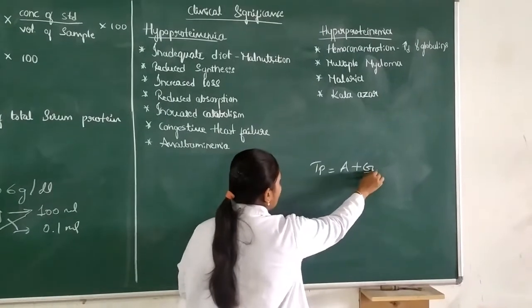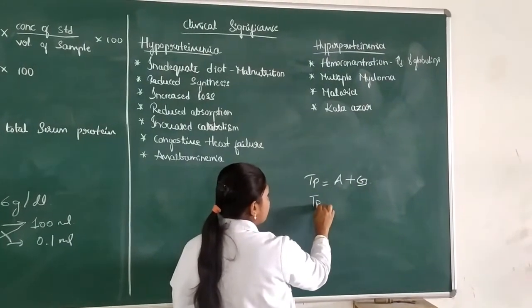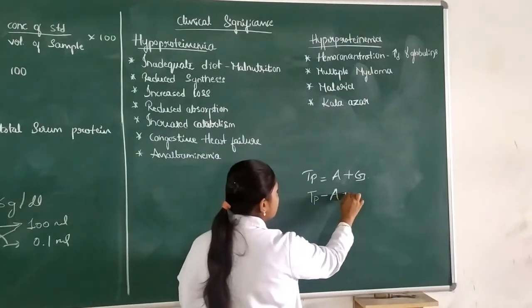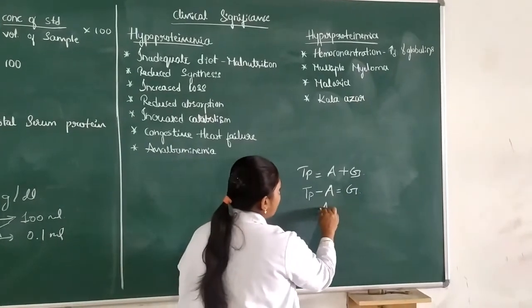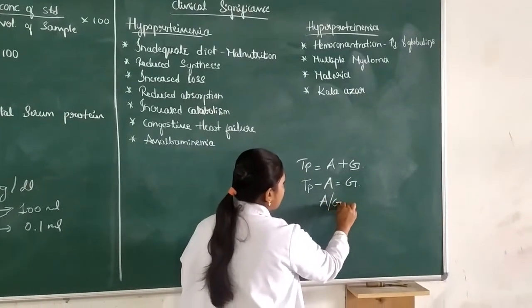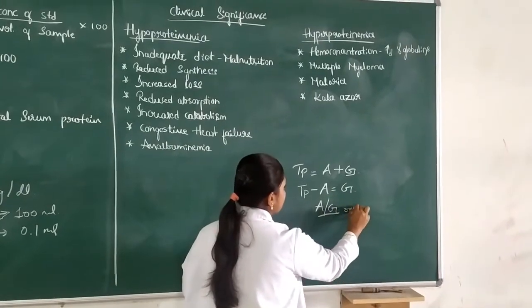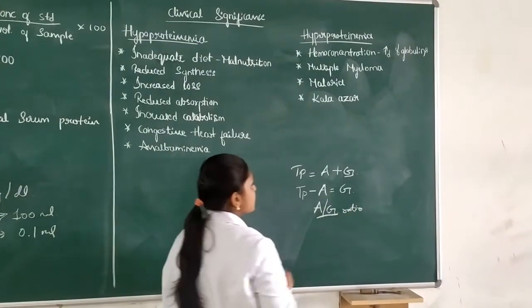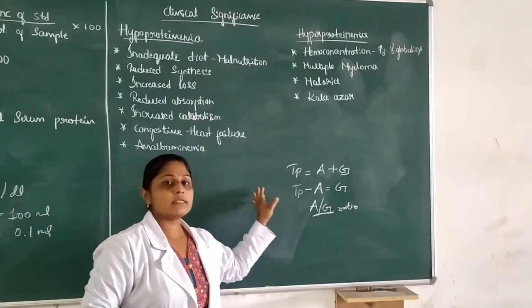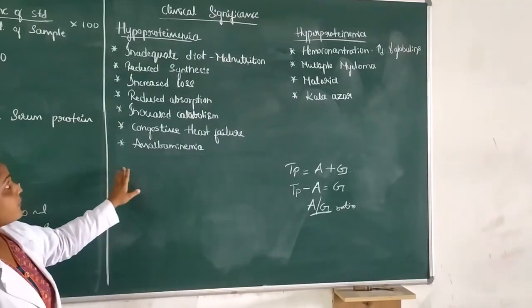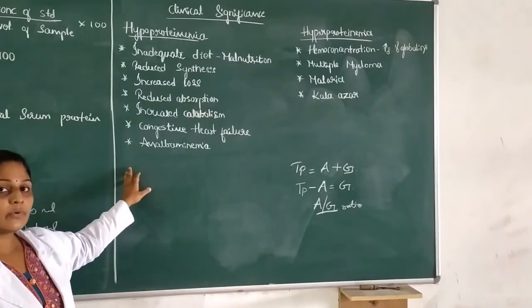So if we want the globulin value, total protein minus albumin is equal to globulin value. Albumin divided by globulin is your AG ratio. In certain conditions, AG ratio will be affected. I will discuss that also. First we will see about hypoproteinemia.